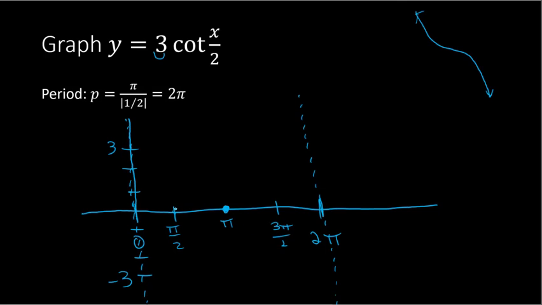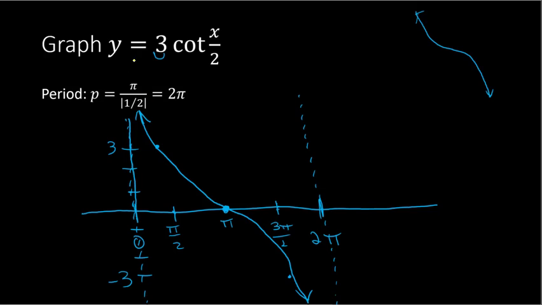At pi over 2, if we go up to 3, that would give you another point. We go up to 3 because that is the amplitude. And then at 3 pi over 2, this point, we go down to negative 3 to get your third point. And then we can connect the dots with the curve. It's going to look something like this. And it's going to approach those asymptotes, and that would be our graph.